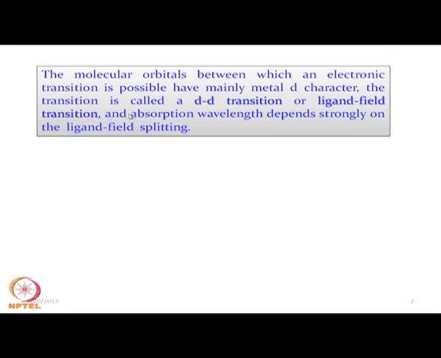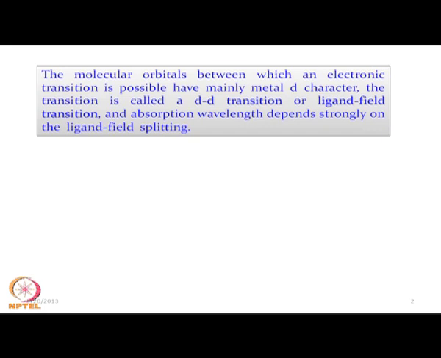So, we have the ligand field and the ligand field is responsible for the splitting of the different d levels. We see that there are 5 d orbitals, and in an octahedral crystal field the 5 d orbitals will be split into the t2g and the eg set, and if the transition is taking place from the t2g set to the eg set, we will be considering those as the corresponding d-d transitions.